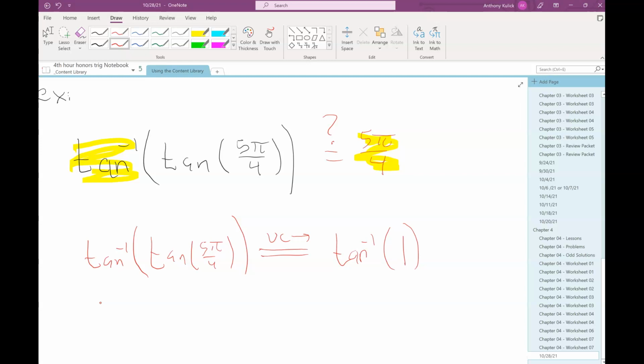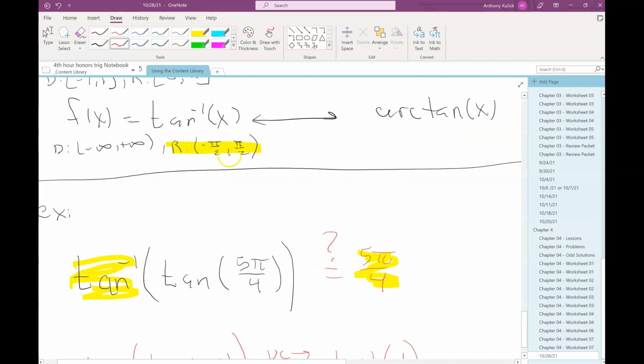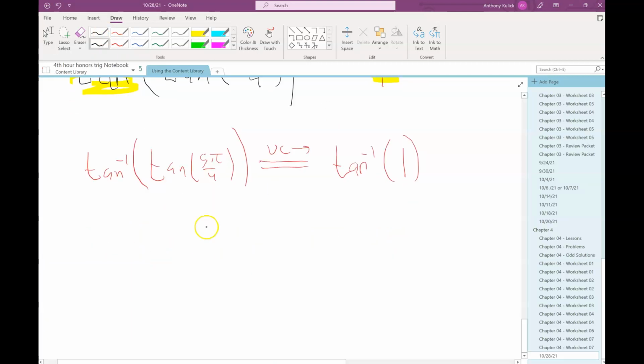So which quadrant should I be looking in, if it has to be between -pi over 2 and positive pi over 2? I'm looking on this side. So we're talking in here.